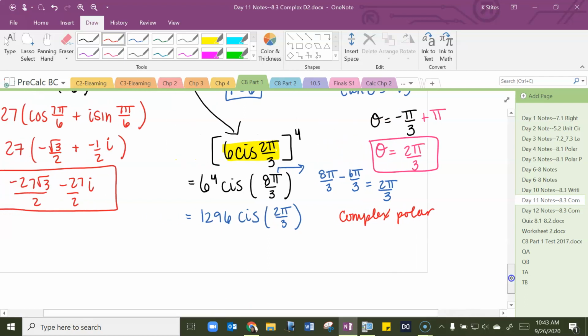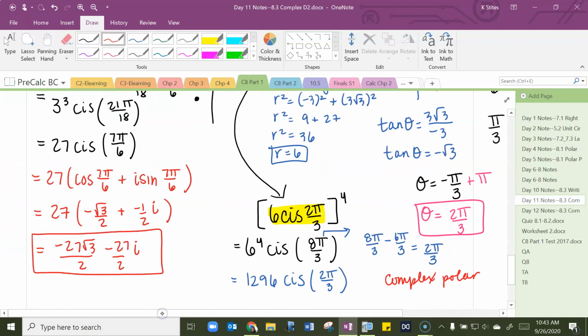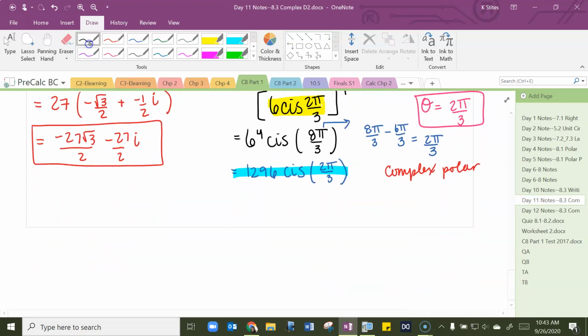All right, so for example, previous problem, this step is equivalent to where we were right here. Now we have to go ahead and convert it to rectangular. Okay, so 1296 cosine 2 pi over 3 plus i sine 2 pi over 3.